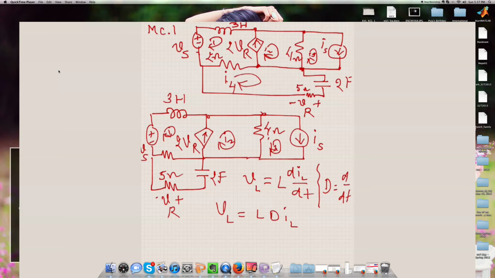This is the operator notation, and this is pretty handy in this kind of situation.